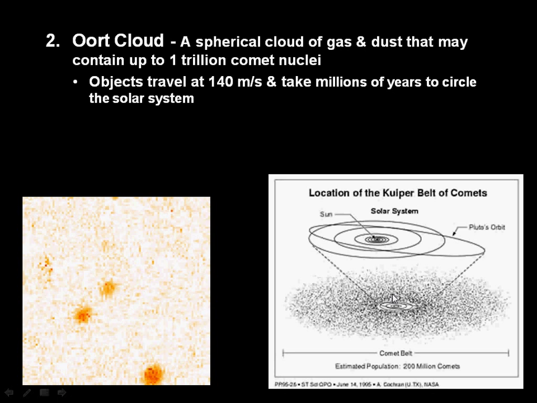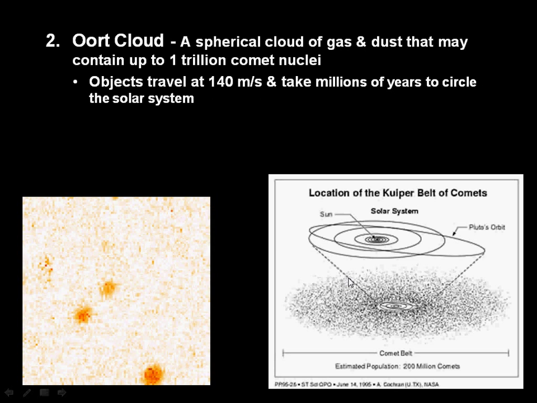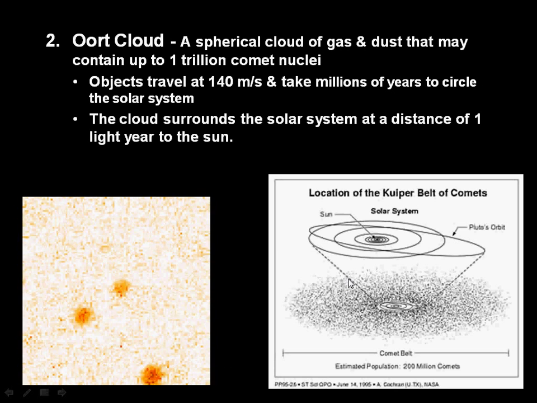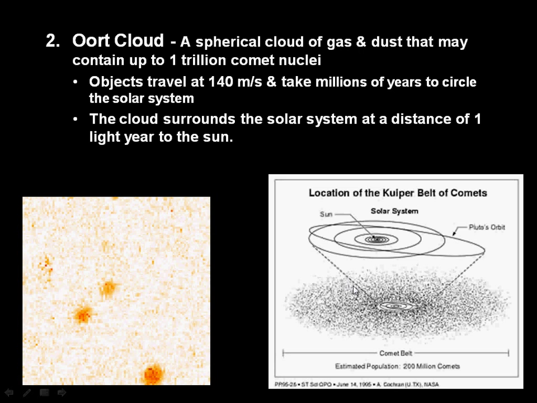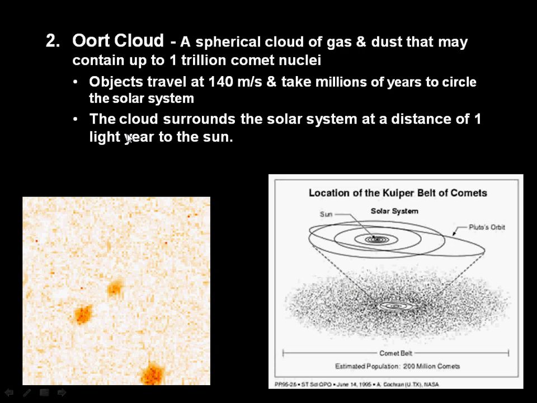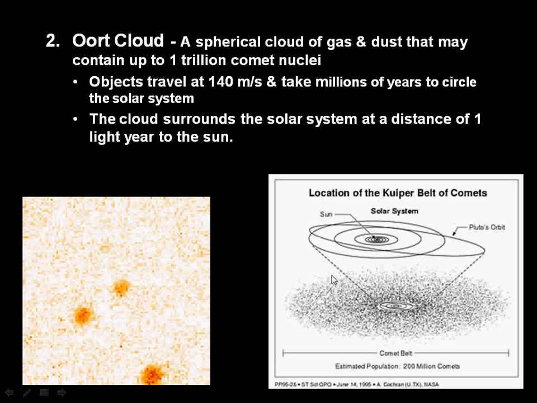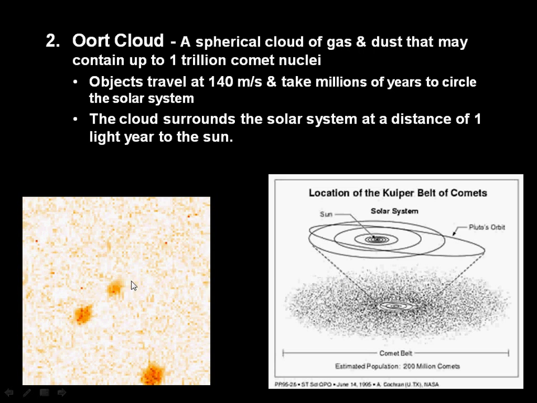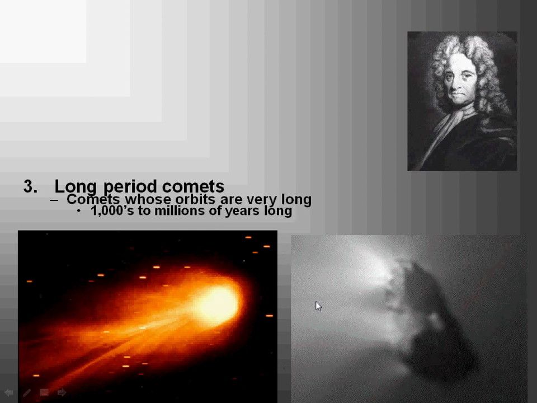The difference is that it could take each one of them so long to circle the solar system. Now, things like Halley's Comet or Comet Hale-Bopp are a little bit different. We'll talk about those. So again, this cloud is a very, very large area, and they could have millions or trillions of them out there.